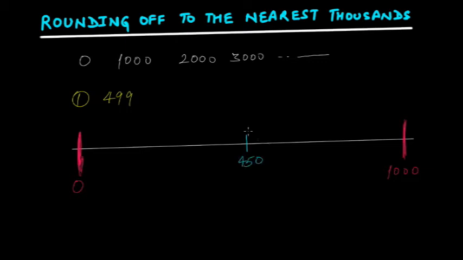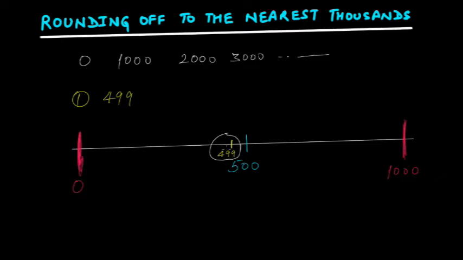Somewhere in between would come 500. Sorry, it's not 450, it is 500. Your number is 499, so it comes somewhere here. Now you are asked to round this number off to the nearest thousand.